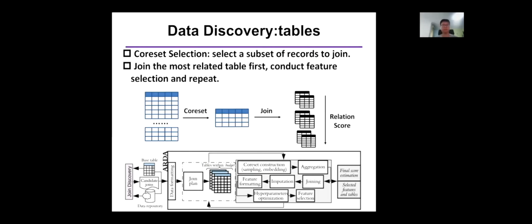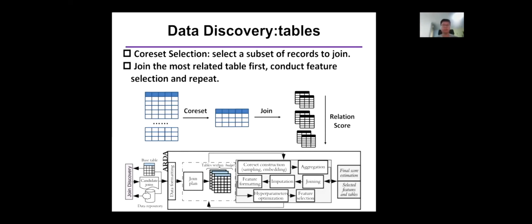Then it conducts a step-by-step fuzzy join. It further improves the efficiency by joining the base table with the candidate tables step by step rather than joining all of them together. First, it sorts the candidate tables based on their relevance to the base table. This can be done by the ROR. Then it joins the tables step by step based on the ordering.